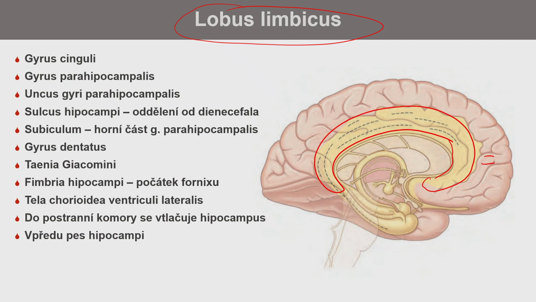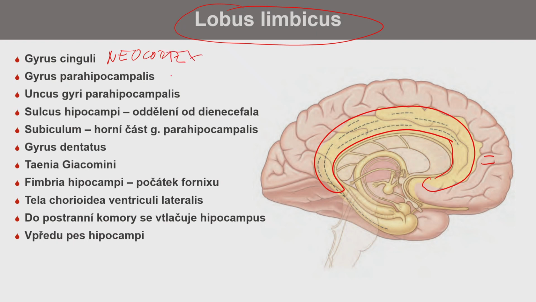They have something in the middle of their sutana, so this is a cingulum. Cingulum is like a belt which is surrounding the corpus callosum, and this is the neocortical part of the limbic system. So it is neocortex.